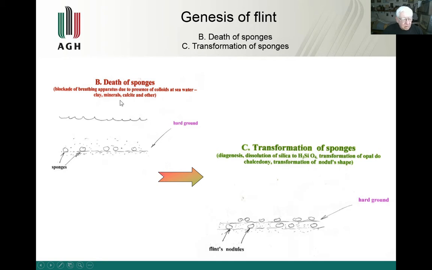So this is an example drawing showing the so-called hard ground type of bottom of the basin where sponges are living, and this is the stage of transformation of the organisms of sponges into flints.